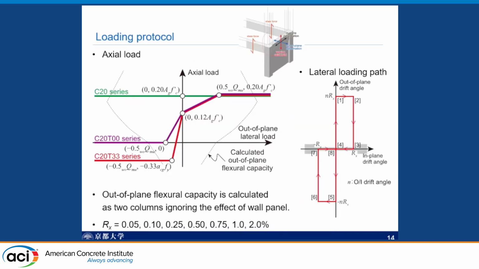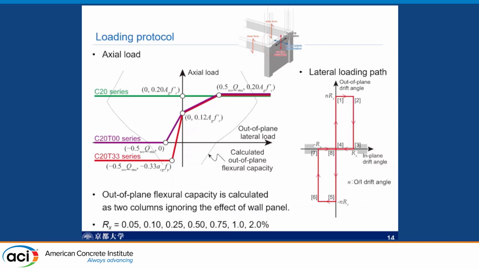And then this figure shows the axial load variation. Here you can see the axial load, and the x-axis indicates the out-of-plane lateral load. As I showed you, we considered this type of framing.